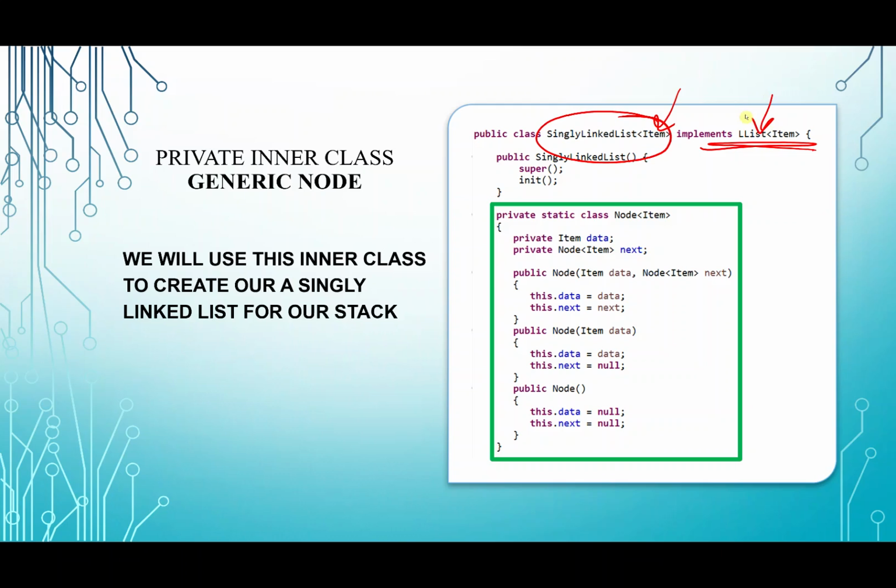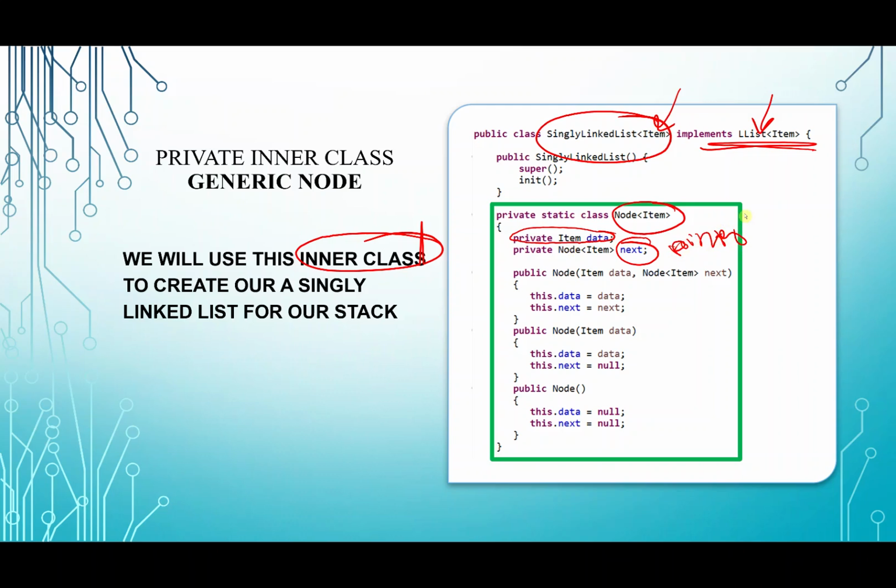And we are going to have an inner class. And this is very important. Why do we use inner classes? We are going to use an inner class to create our singly linked list for our stack. Since we have this node class, it's going to have the data part and the pointer. This is the pointer.